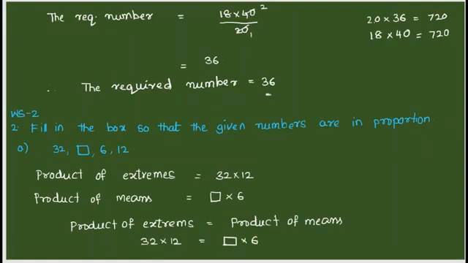Now here what is the remaining number? One of the means, that is 6. So here 6 should divide the product of 32 and 12 to get the required number. Now we can write the statement in this way. The required number, the number which should come in the box, is equal to 32 into 12 upon 6.